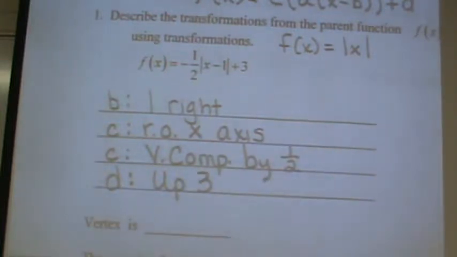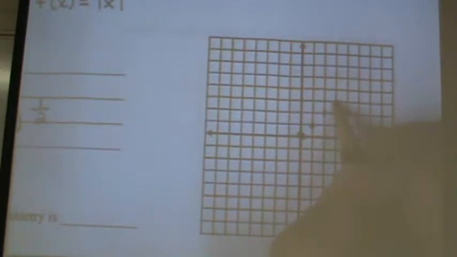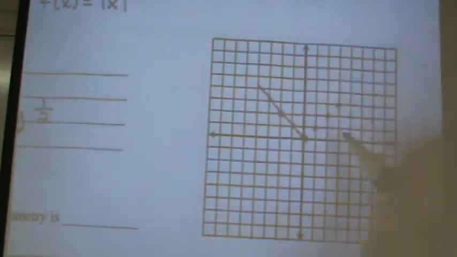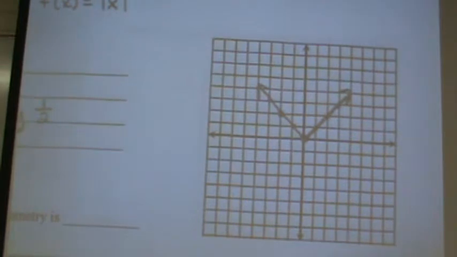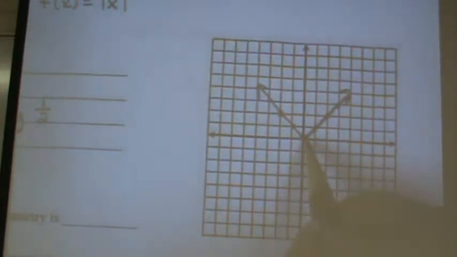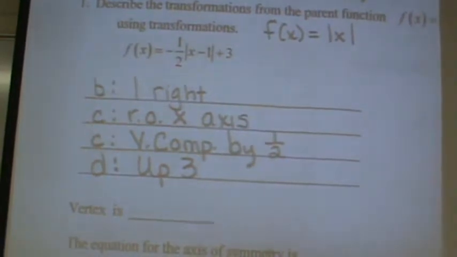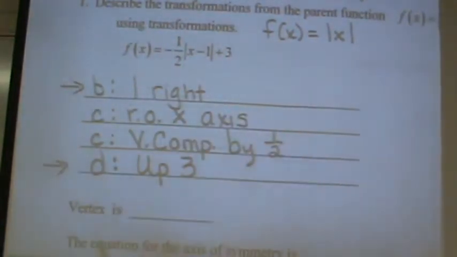Okay, so now, what we're going to do is look at the parent function. Here's your parent function right here. If we are going to shift this graph 1 unit right and up 3, let's look at B and D. B and D are going to be important for us.